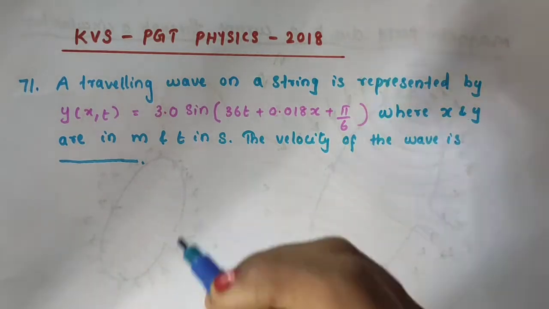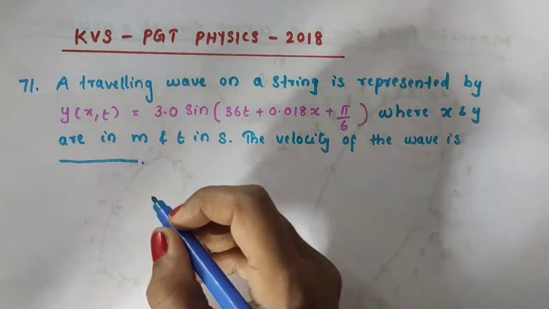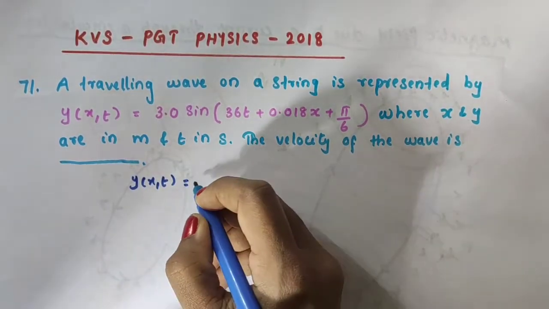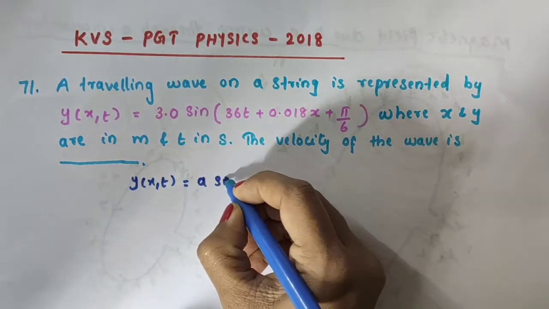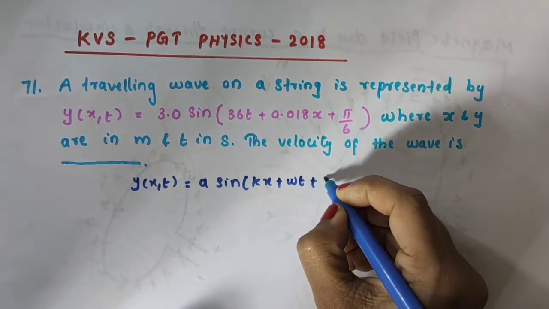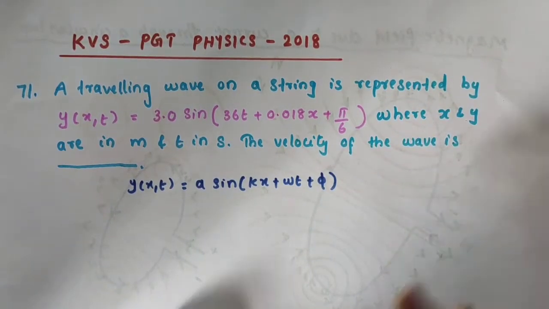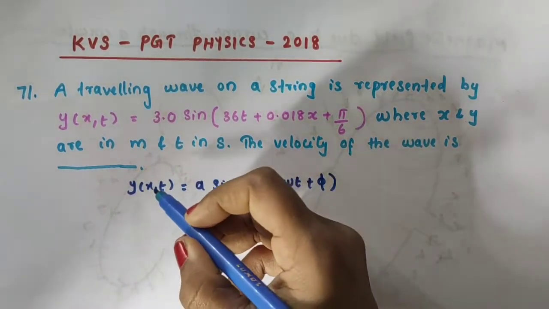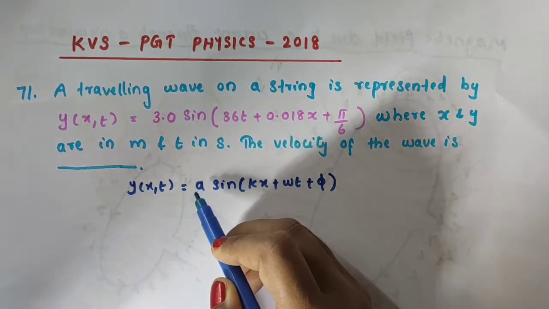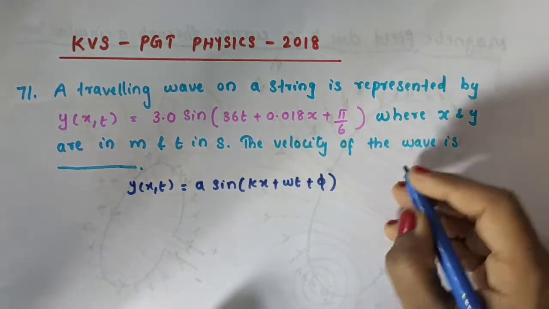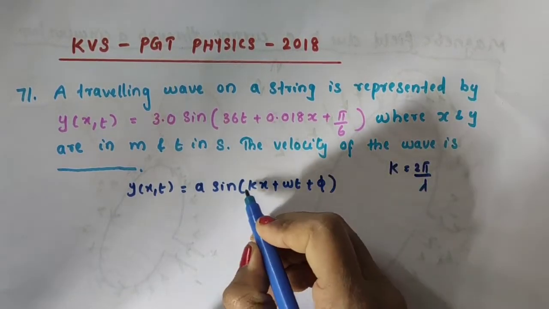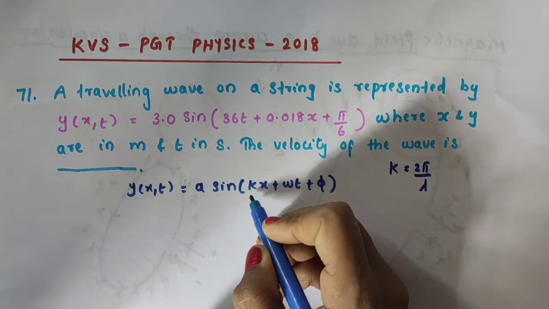See, the displacement relation in a progressive wave is y(x,t) = a sin(kx + ωt + φ), where y is the displacement in the y direction, a is the amplitude of the wave, k is equal to 2π/λ, and this k is called the propagation constant.